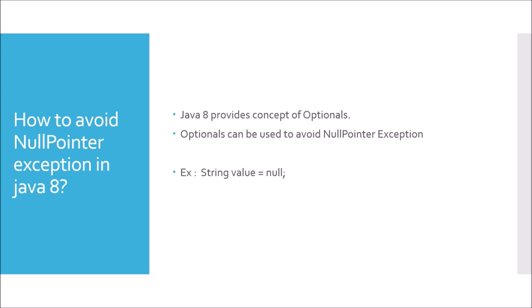For example, earlier if you write String value equal to null, and if the value is accessed directly without checking null, it will give you a NullPointerException. But in Java 8 we can write Optional<String> value equal to Optional.empty(). Moving to the next question.